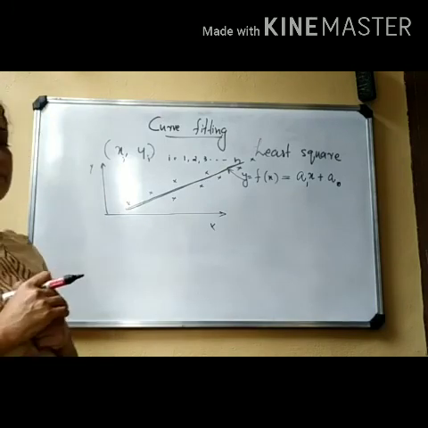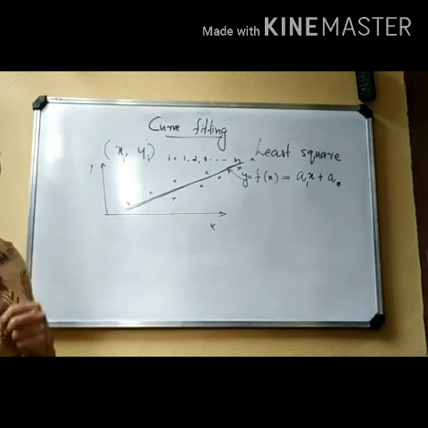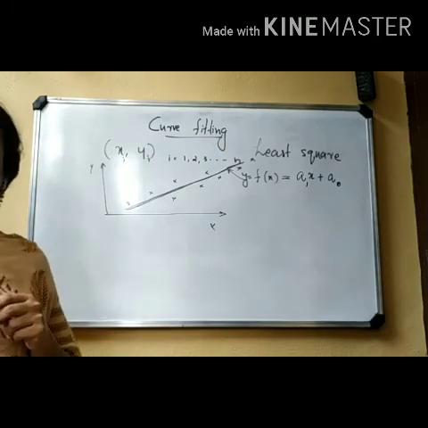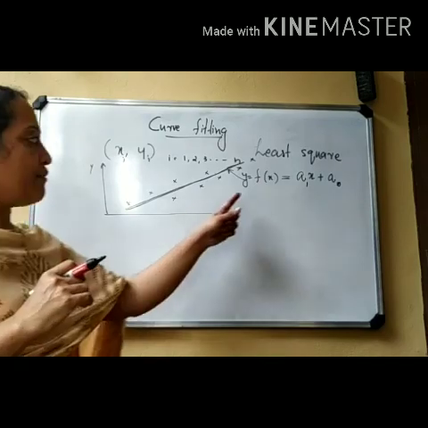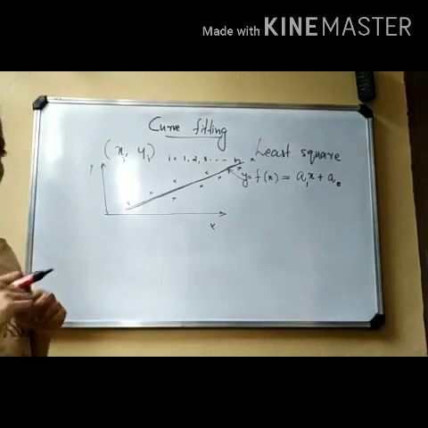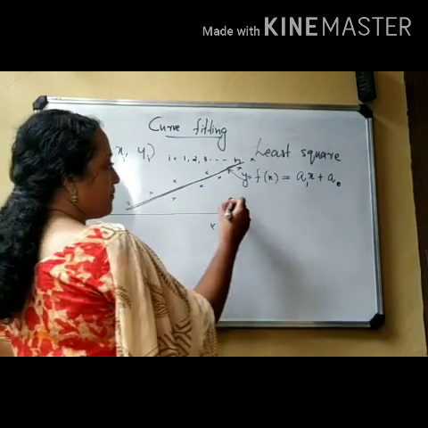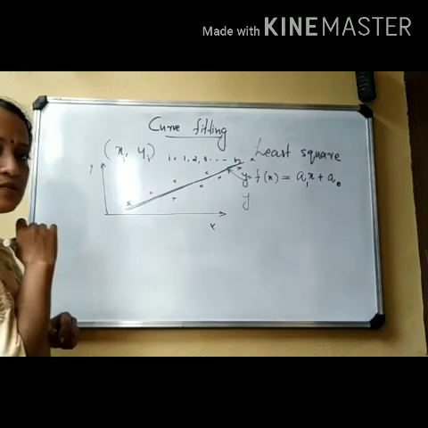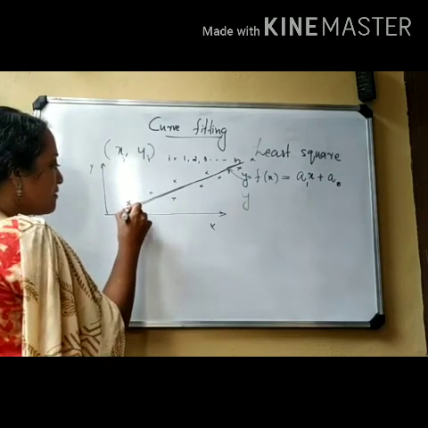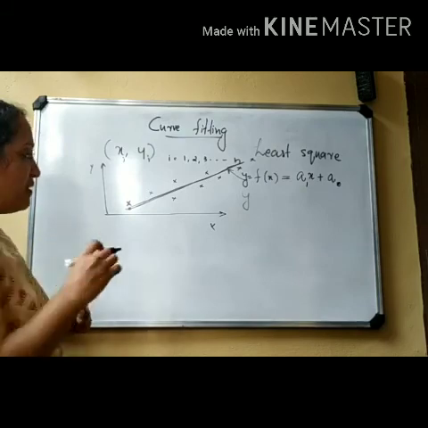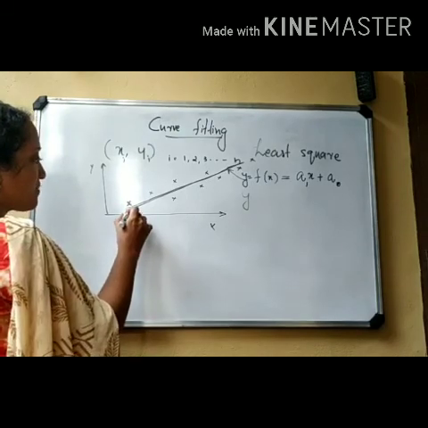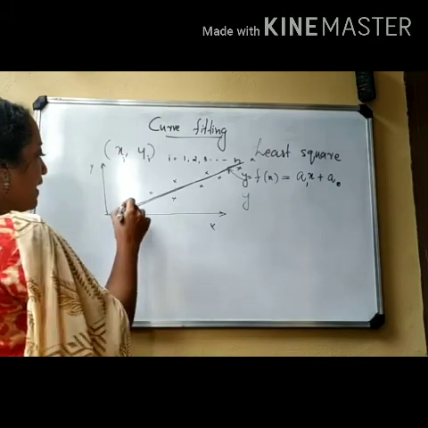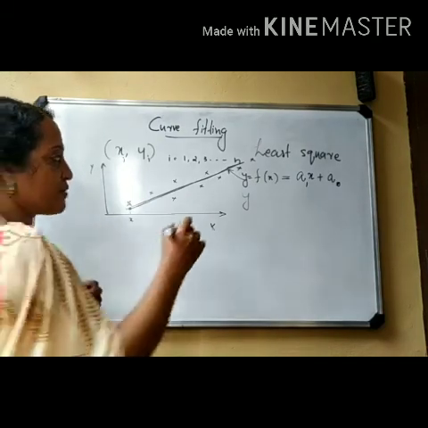Now in the least square method, the principle is that the deviation of the actual values from our functional value should be least. Suppose this is the y1 value corresponding to the x1 value. This is the value of our function corresponding to that particular x value, that is f of x1 is this much, and this is our y1 value.